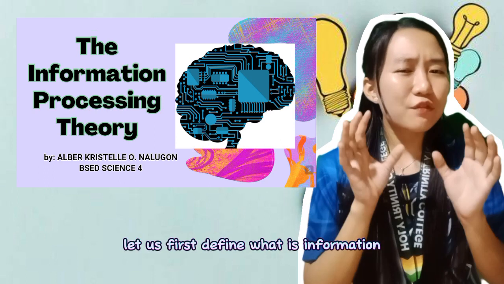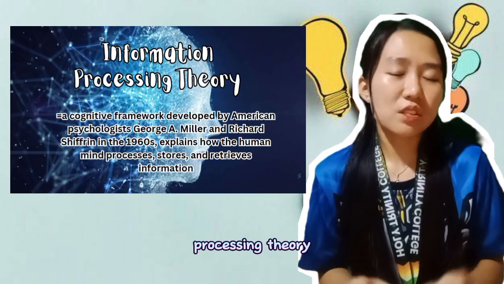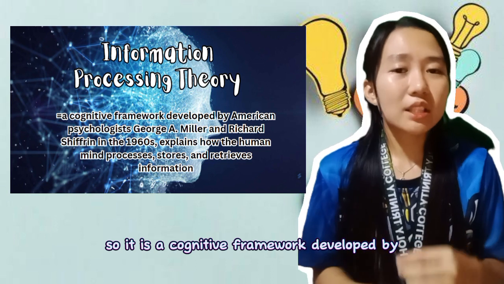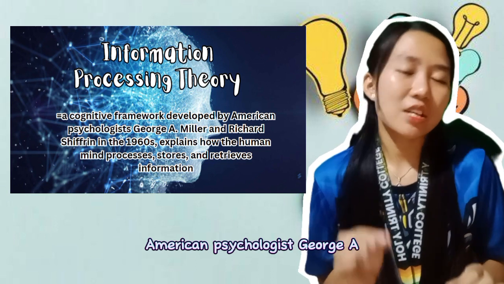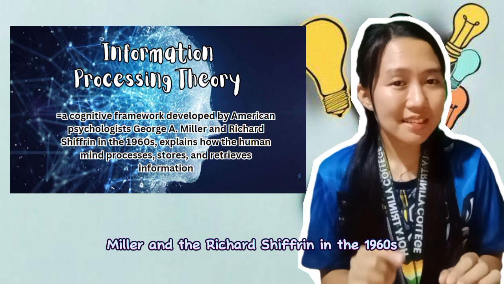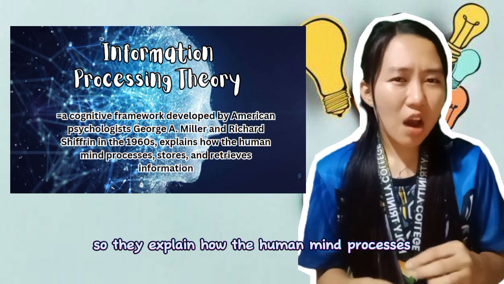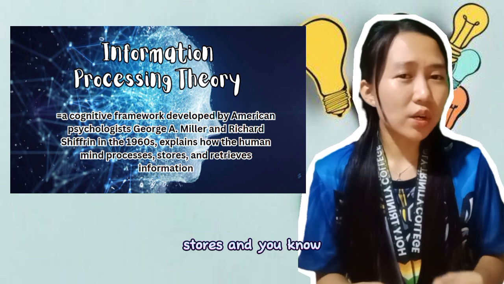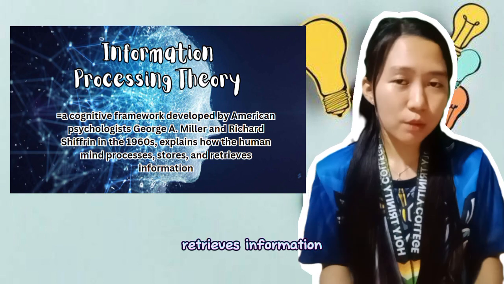But for now, let us first define what is information processing theory. It is a cognitive framework developed by American psychologists George A. Miller and Richard Shiffrin in the 1960s. They explain how the human mind processes, stores, and retrieves information.